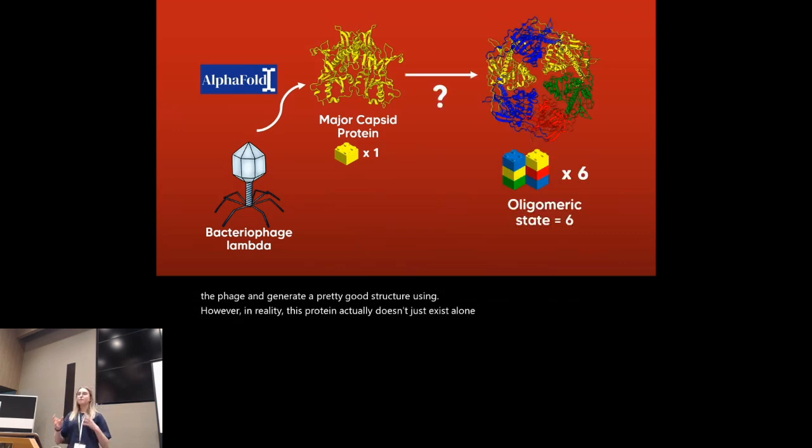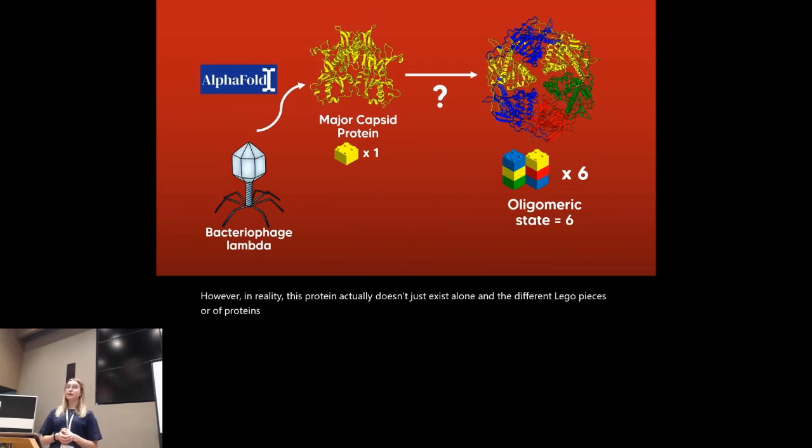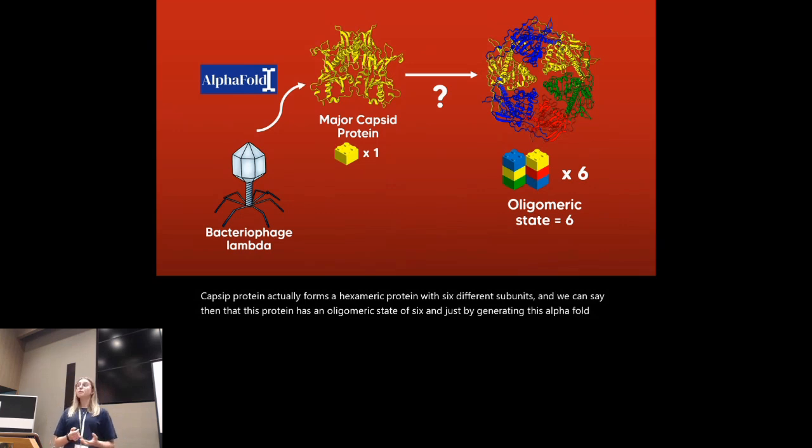And the different Lego pieces of proteins actually interact together to form bigger structures. So for example, this major capsid protein actually forms a hexameric protein with 6 different subunits. And we could say then that this protein has an oligomeric state of 6. And just by generating this AlphaFold structure of the single monomer, we wouldn't necessarily know this information and have the whole picture of what this protein looks like within the virus.